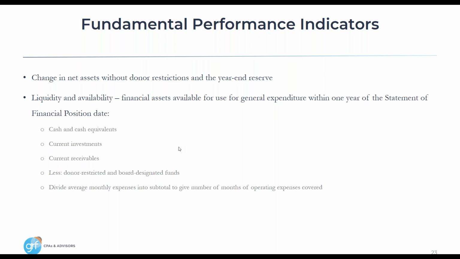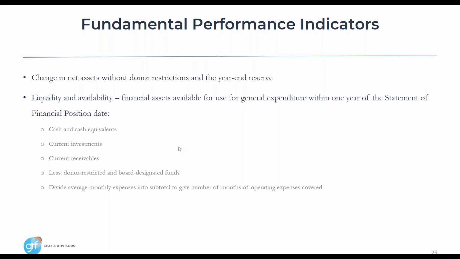So it's really a liquidity measure, both in quantitative terms and qualitative terms. Now, what are the financial assets? Well, cash and cash equivalents, current investments, and current receivables. You'll see that we refer to the term current because we're interested in 12 months from the statement of financial position date, not anything occurring after that.